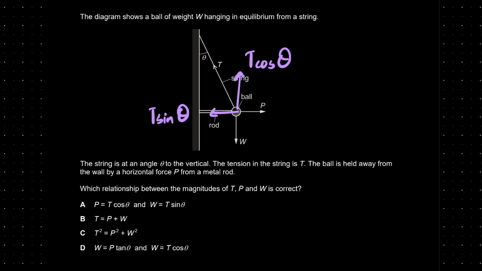So what else can we do? What we can do is think of a vector triangle in this case. I see that there are only these three forces acting, P, W and T. So I know that if I talk about P and W, the magnitude of the resultant due to these two is going to be like this, right?